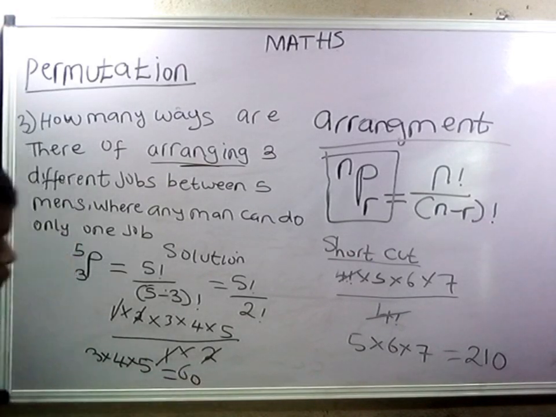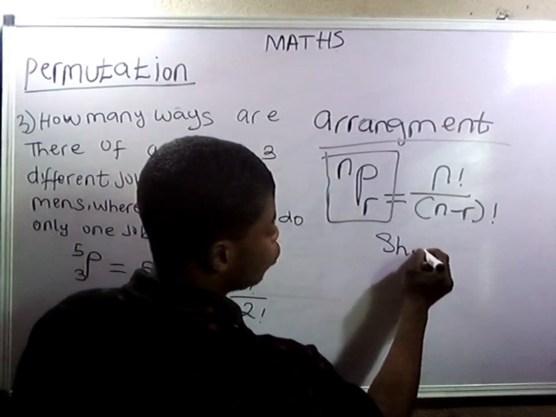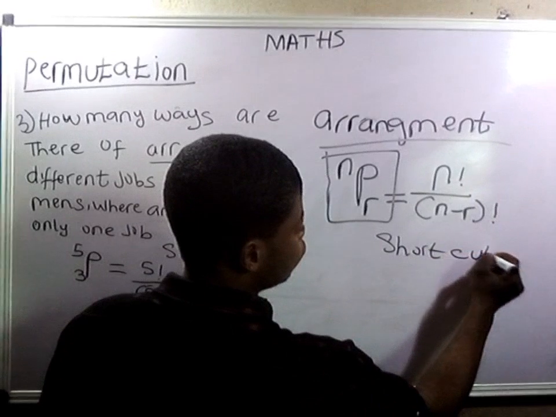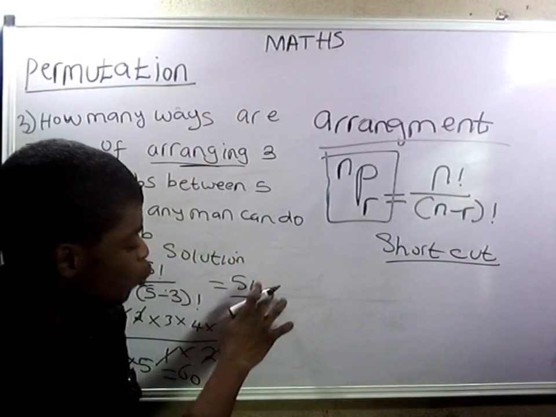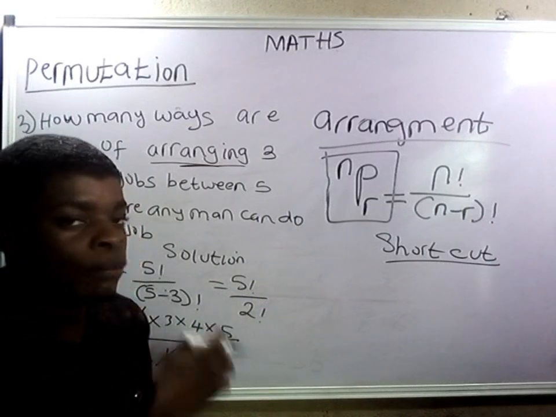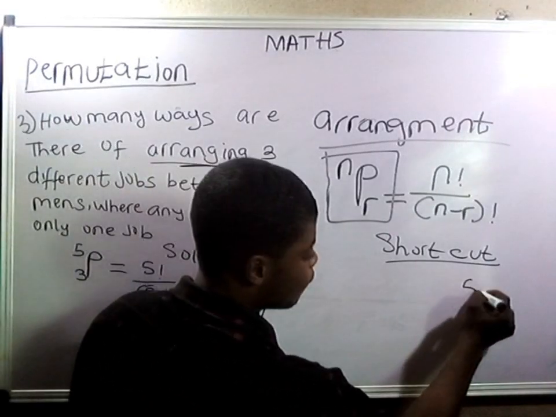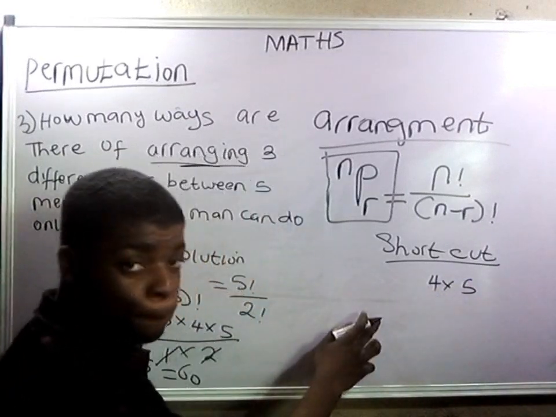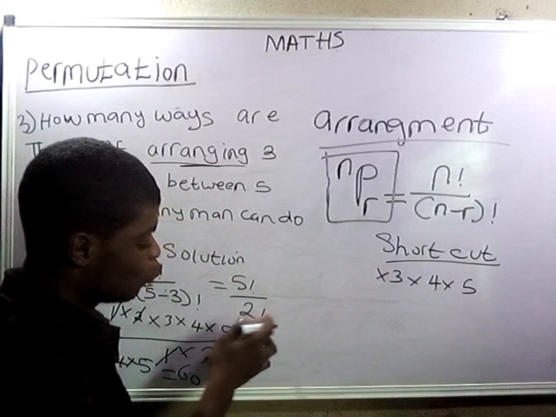So 3 times 4 times 5 will be 60. We got 60. So using the shortcut I told you earlier, you look for 5 factorial. Because we have factorial here as denominator, we stop at 2 factorial. That means we have 5 times 4 times 3 times 2 factorial.